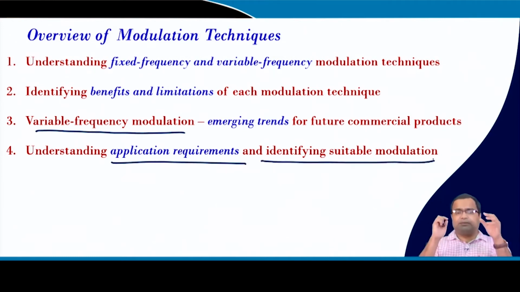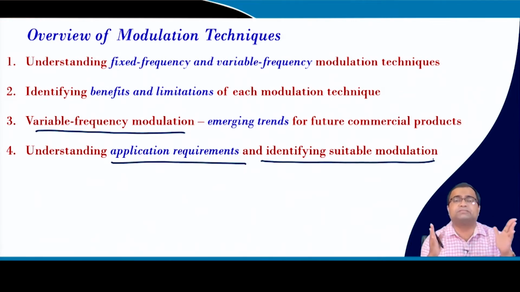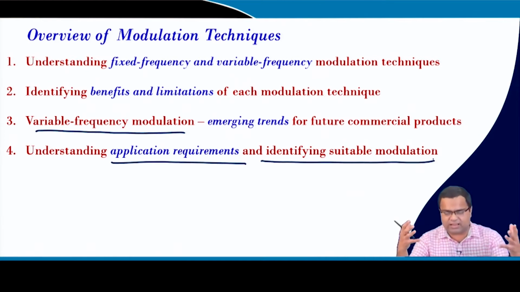Then we need to understand the application requirement and identify the suitable modulation technique, because at the end of this course we should understand how to select a suitable modulation technique. As I said, it need not always be variable frequency; you still want to use fixed frequency for certain applications where it is a mandatory requirement. That is why we first need to understand the application requirement: how much frequency variation is acceptable, what the resource requirement is, what the switching frequency is, and what the EMI requirement is.